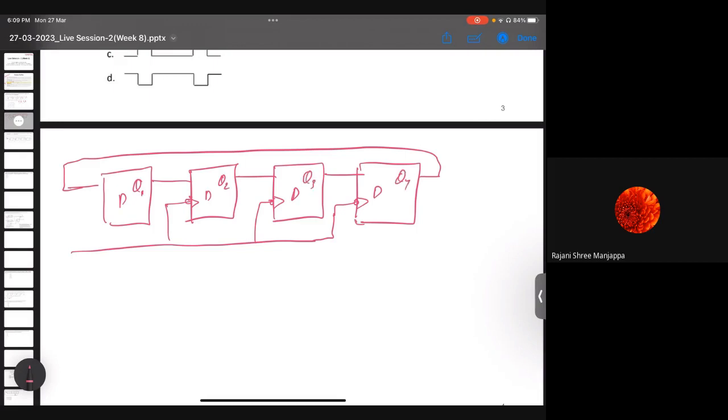So these counters are nothing but a kind of shift register. I have not put the clock here.